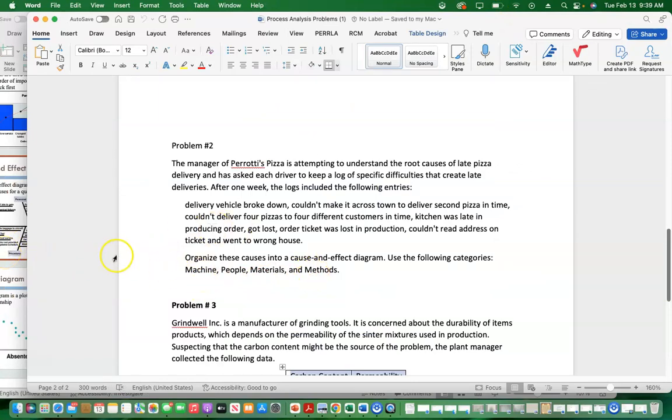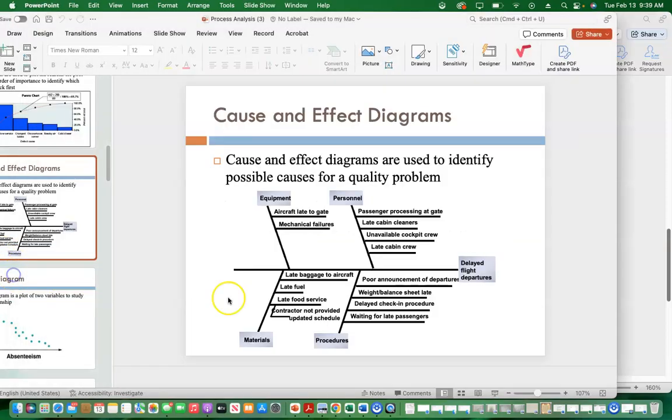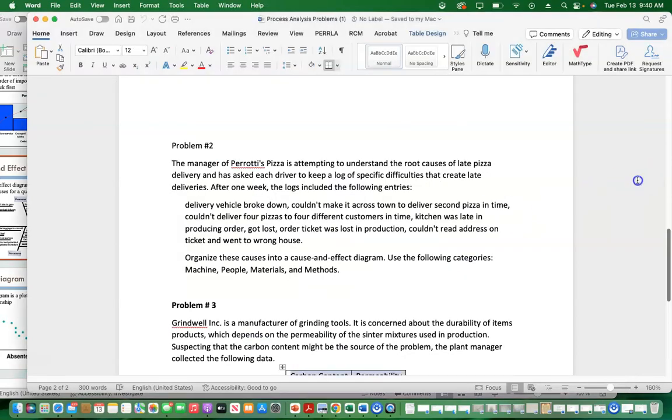And each of these categories has those issues. As we can see here, we have equipment, and there are a number of issues. Actually, two of them, that the aircraft was delayed to get there and mechanical failures. And so in this case, if you, for instance, choose machine as a category, then what are the issues that will go with the machine?